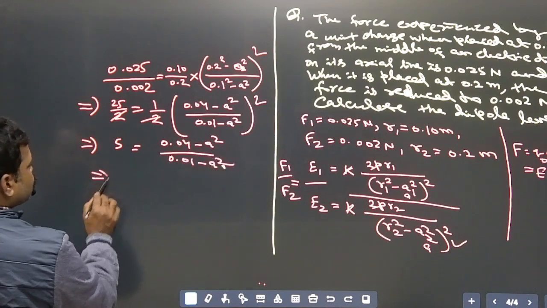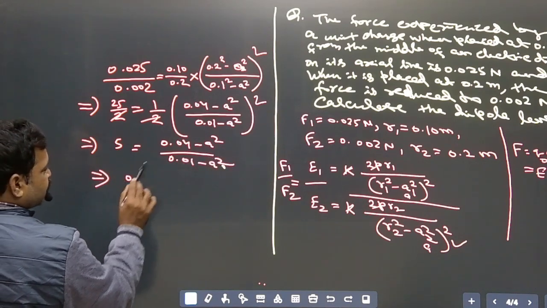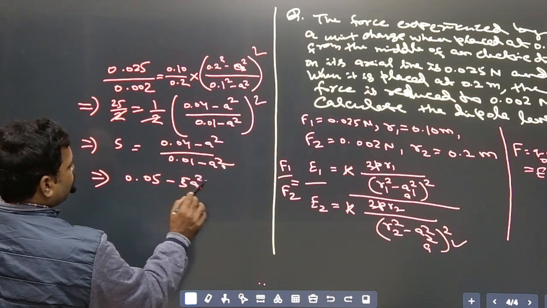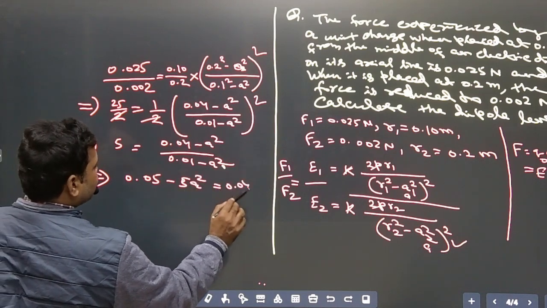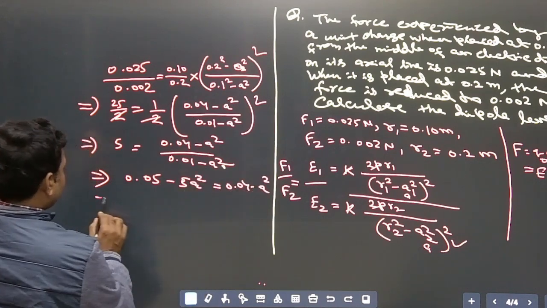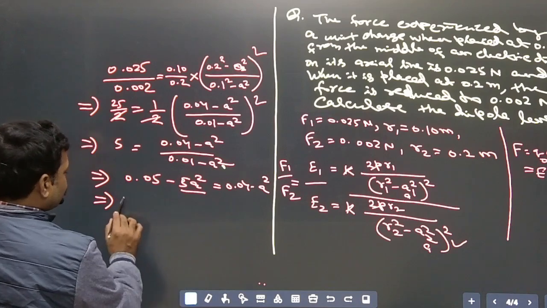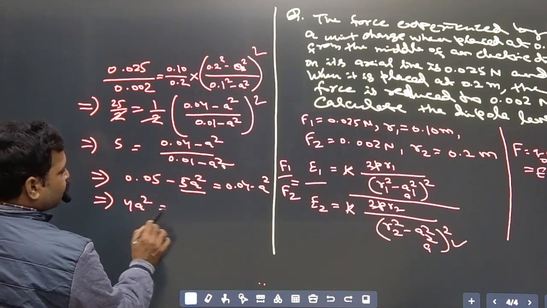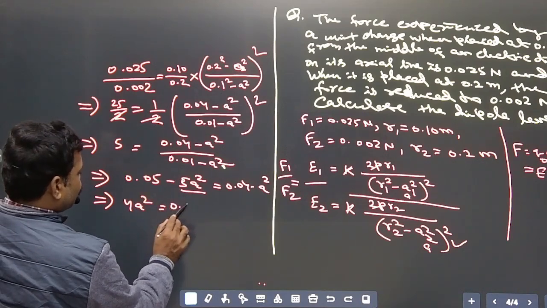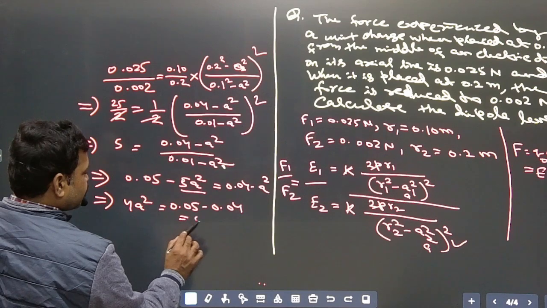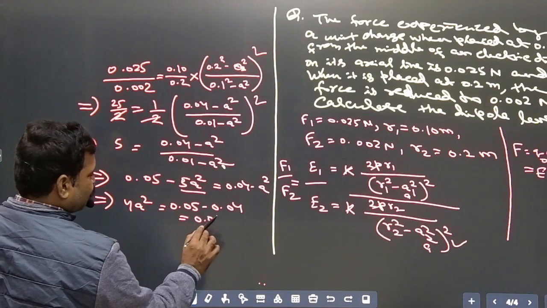Now we cross multiply, so we get 0.05 minus 5 A square equal to 0.04 minus A square. So again we can shift this one to that side. So 4A square will be equal to 0.05 minus 0.04, so this will come as 0.01.